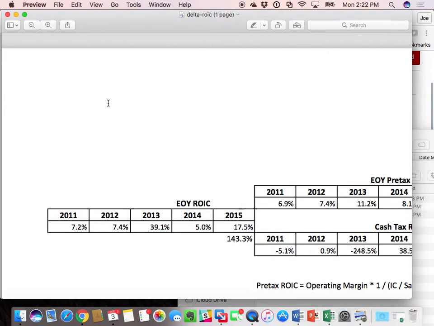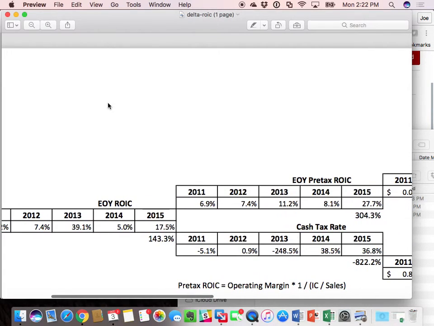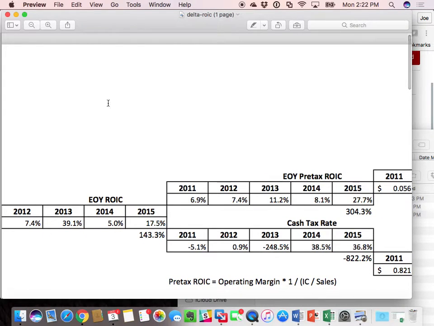Then I went to the next level and looked at end of year pre-tax ROIC: 6.9% in 2011, 7.4% in 2012, 11.2% in 2013, 8.1% in 2014, and then a 304% increase from 2011 to 2015, which is 27.7%. Then I'd go into operating margin next.